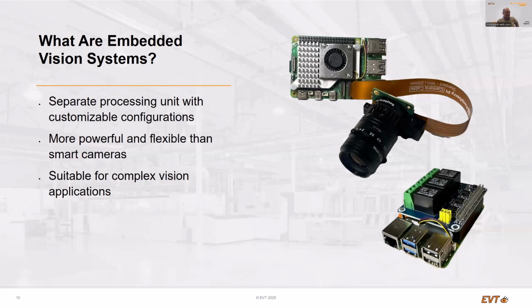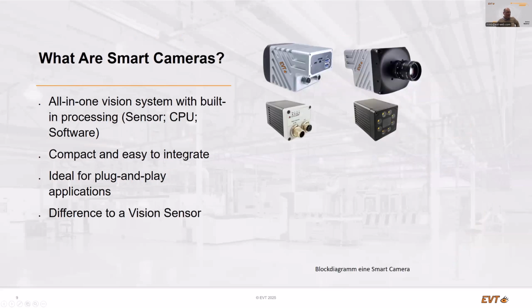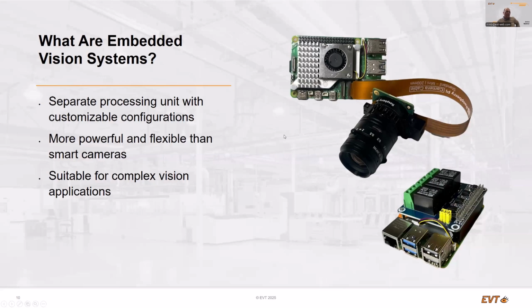One of the major advantages compared to the smart cameras is a more powerful CPU. So in most cases, it's also an ARM CPU. But of course, if you have only the small housing of the smart cameras, one of the problems is how to handle the heat from the CPUs, and this is a limiting factor.